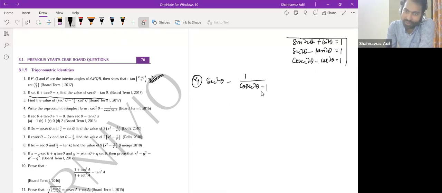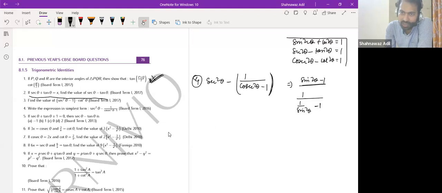So, Abir, you wrote sec square theta as sine square theta minus 1. How is this possible? I can write 1 by sine square theta minus 1, right? This I can write, but I cannot write that, right?